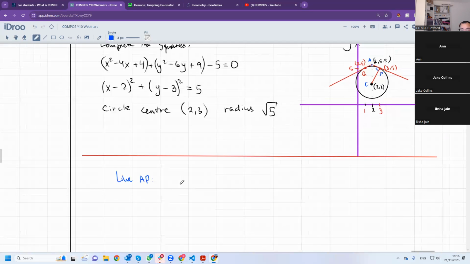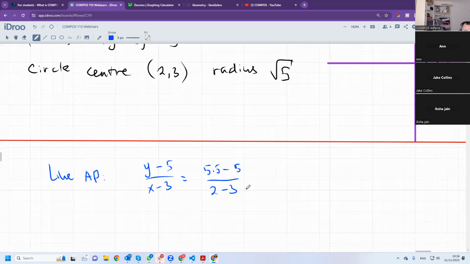So I'm just going to use the 2-point formula. y minus 5 divided by x minus 3 equals 5.5 minus 5 over 2 minus 3, which gives me 0.5 divided by minus 1, which is minus 1/2.